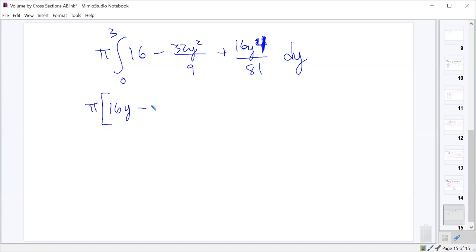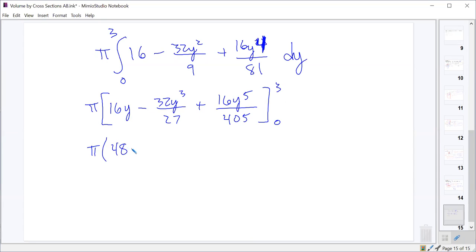16y minus 32y cubed over 27 plus 16y to the fifth over 405 from 0 to 3. Nice thing is that when we plug in 0, it's all going to come out to be 0. So really, we just got to plug in the 3.